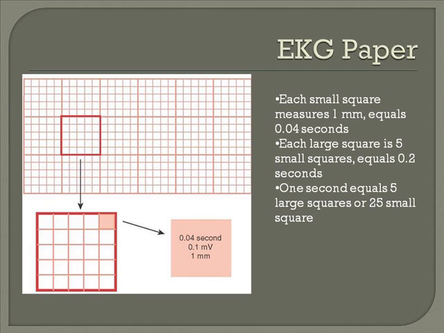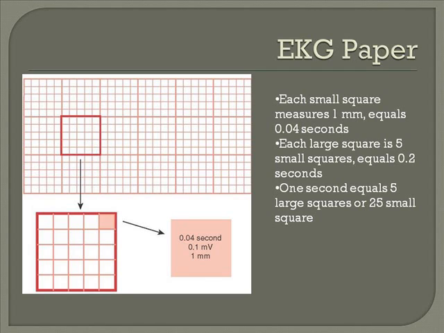Each of these small boxes measures 1 millimeter square, and it equals 0.04 seconds. These are grouped into boxes of 5, which makes one big box, equal to about 0.2 seconds. And 25 of the small boxes, or 5 of the big boxes, equal 1 second in real time.